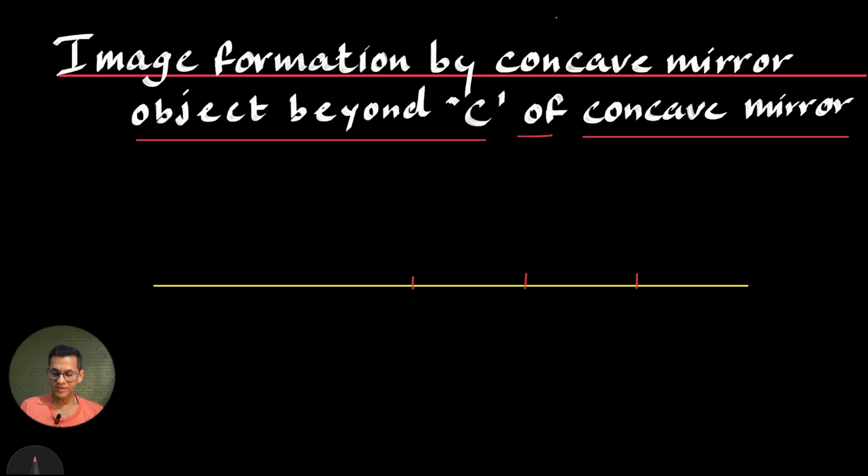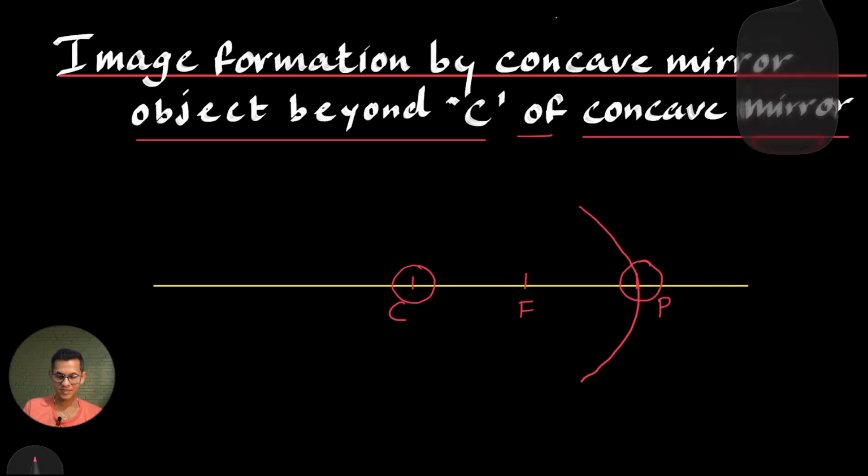Now let's name them. This is point P. This is your point F, the focus, and this is the center of curvature, that is point C. Now we have to draw the mirror. For that, you can use your compass. Place the pointer of the compass at point C, extend your compass till the point P, and mark an arc at point P. I'll redo that.